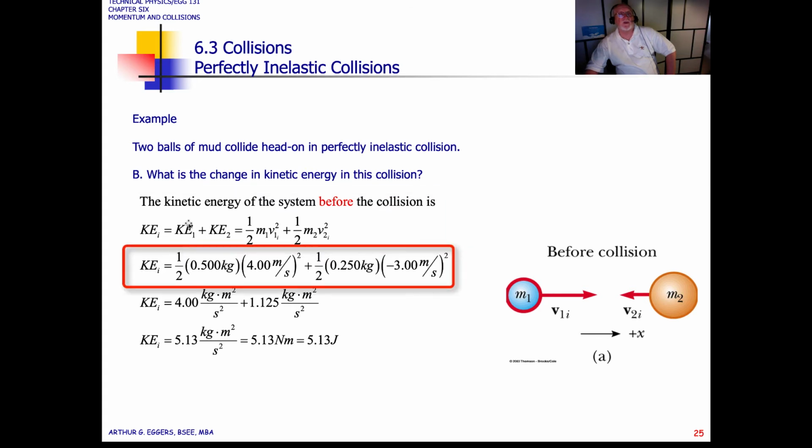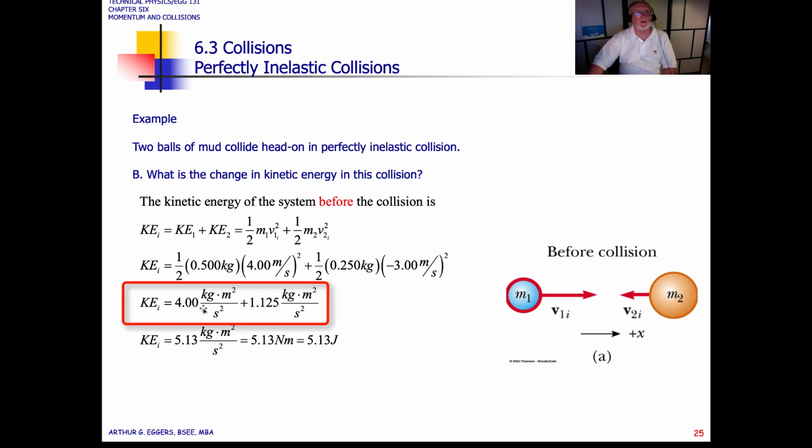If we take that relationship, 1/2, half a kilogram, 4 meters per second squared, and do the same thing with mass 2, 1/2, a quarter kilogram, minus 3 meters per second squared, that gives us 4 and 1.125, like 1 1/8 kilogram meter squared per second squared. We can add those together because all our units match.